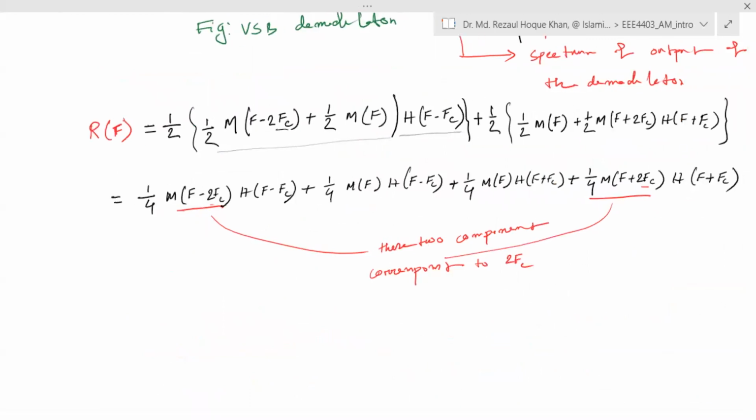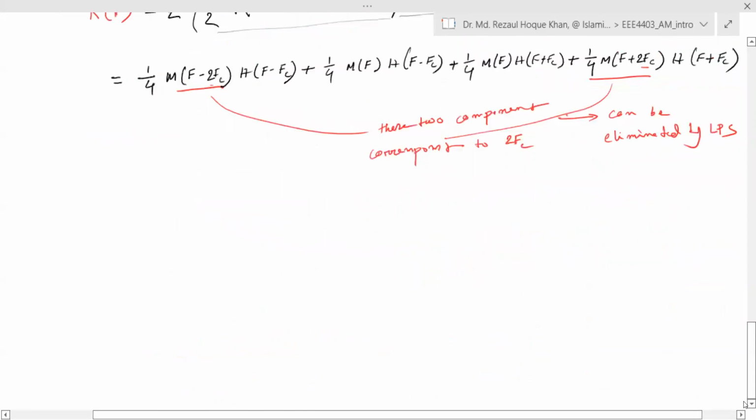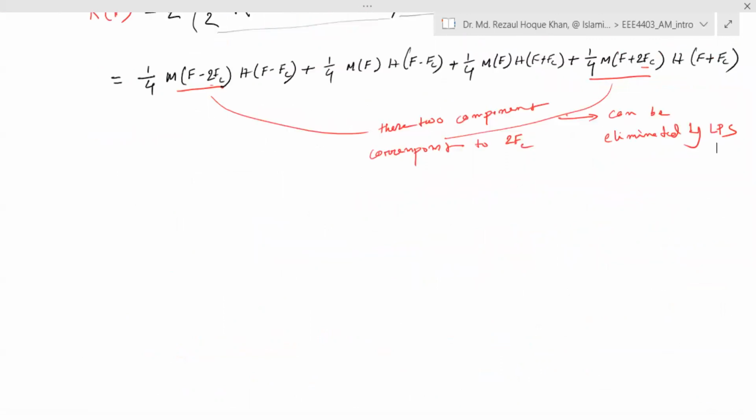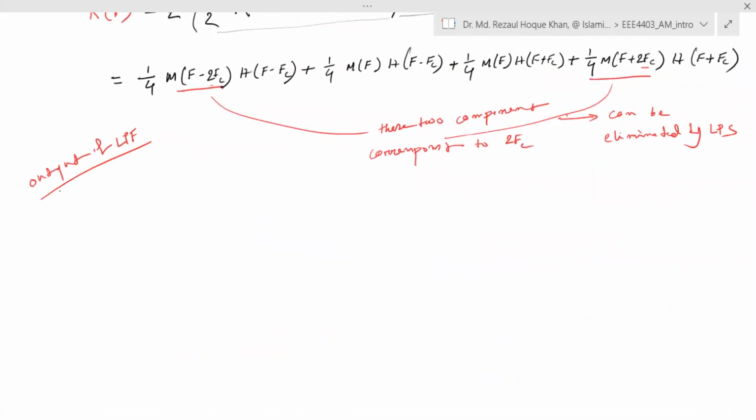So this portion can be eliminated by low pass filter. Okay, they are passed through the low pass filter. We don't need these two portions. Now what will be the output? So the output of this low pass, after passing it through the low pass filter, what will we have?